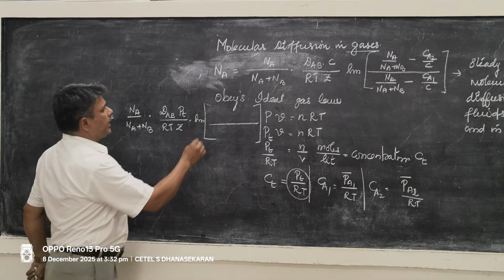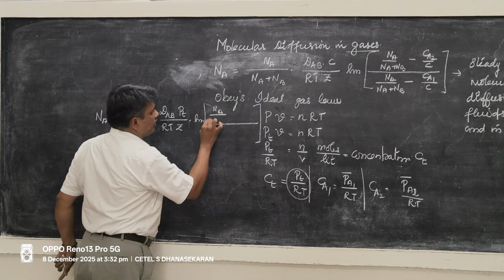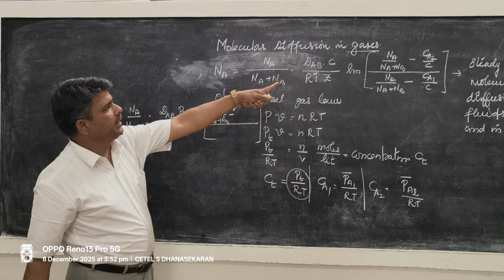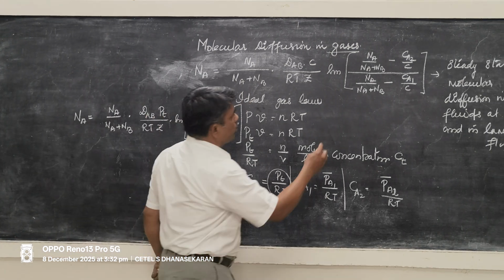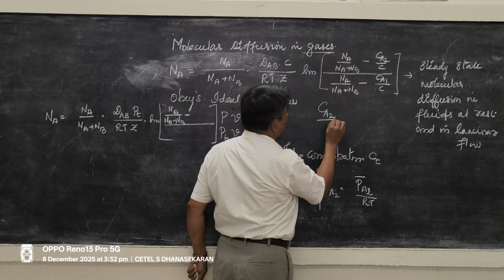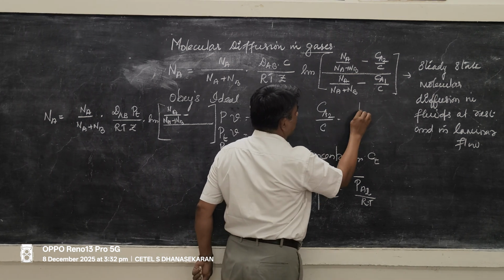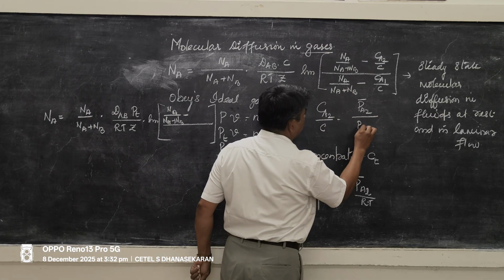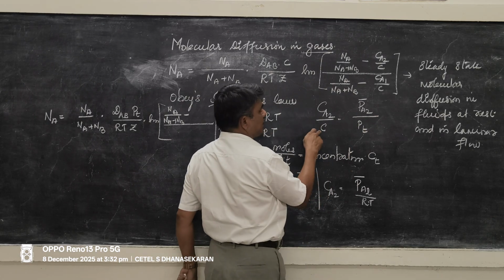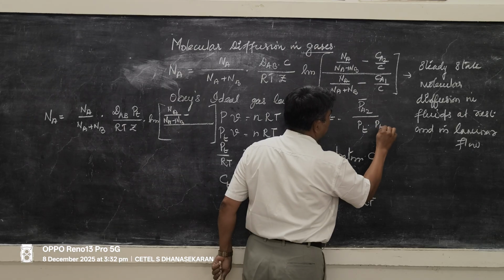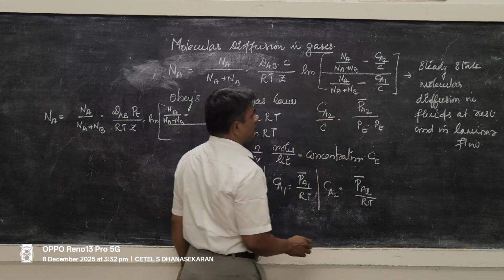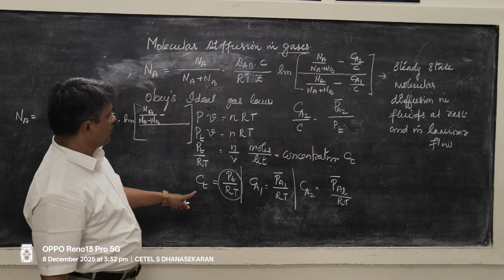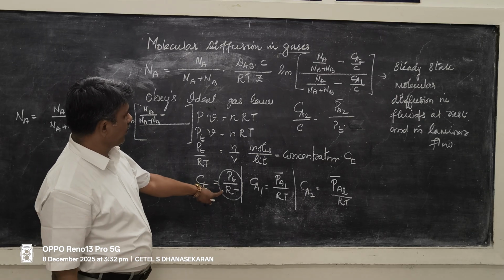NA divided by (NA plus NB) minus Ca2 by C. Just listen. Ca2 is equal to Pa2 bar divided by RT. Similarly, C is nothing but Ct, and instead of Ct, I write Pt divided by RT.